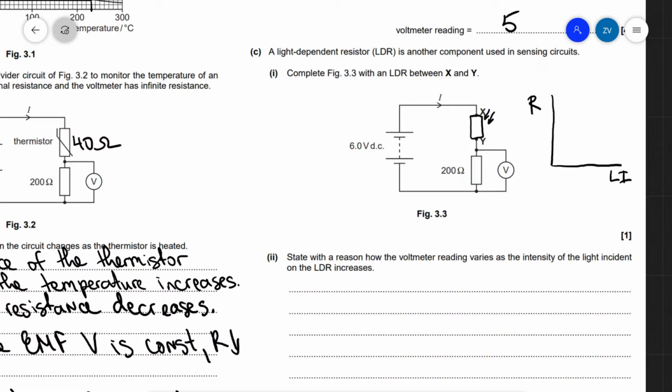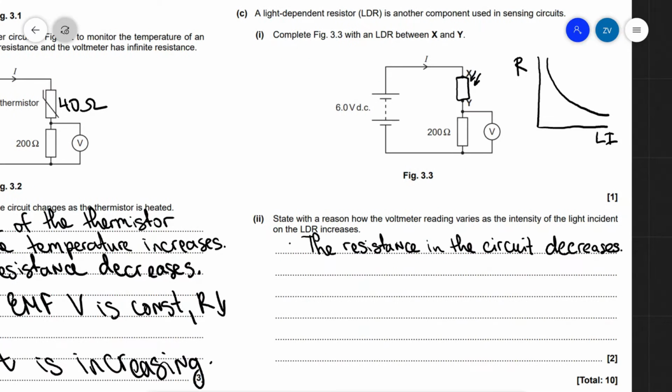So as the light intensity increases, the resistance of the LDR will be decreasing. Now, because of that, I've written over here that the resistance in the circuit decreases. This means that it's the total resistance. Because of that, the current will be increasing, so we can write this down: the current in the circuit will increase.